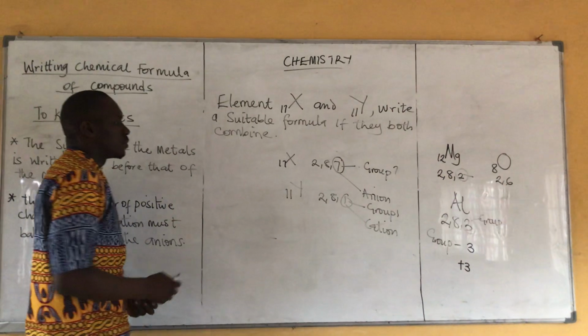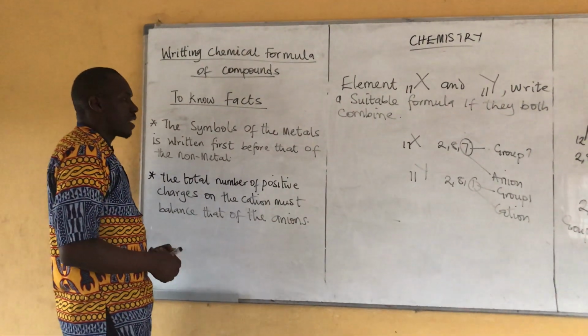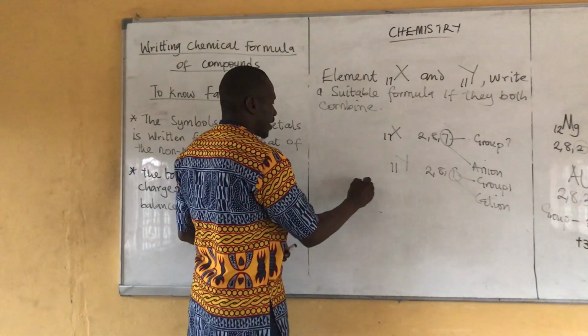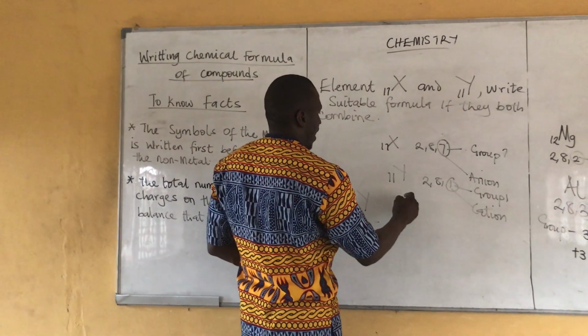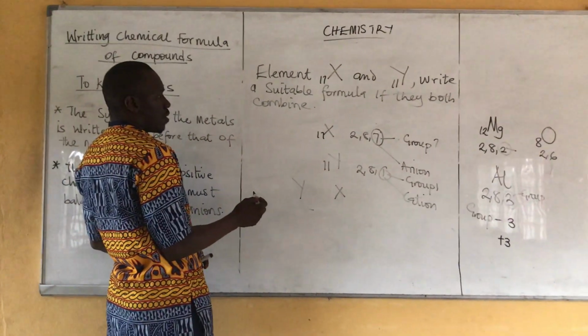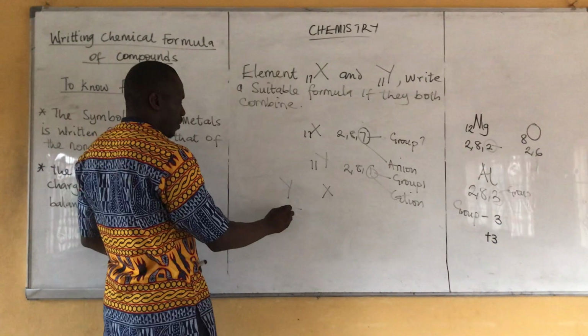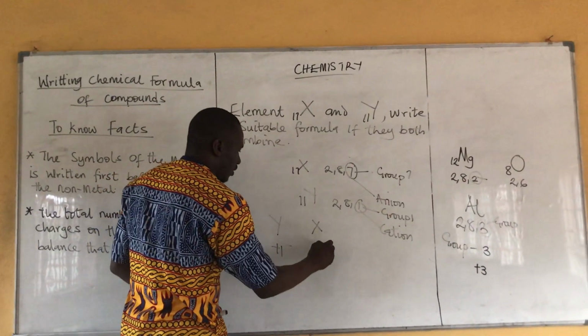From the law, we write the metal first, which means we write element Y first, then element X. The valency of element Y is plus 1 and the valency of element X is minus 1.